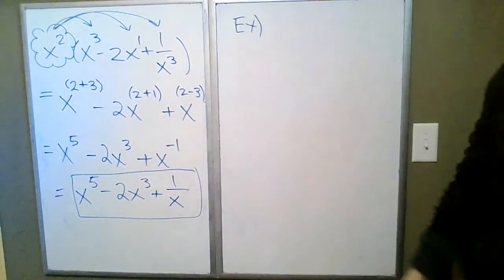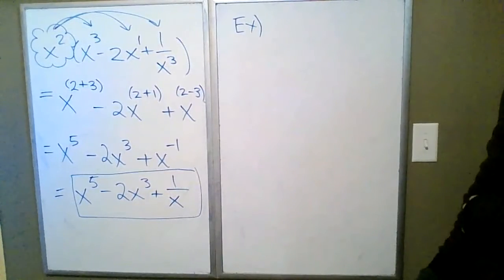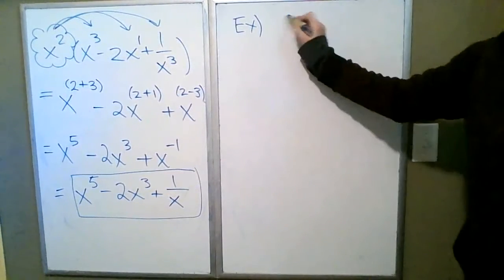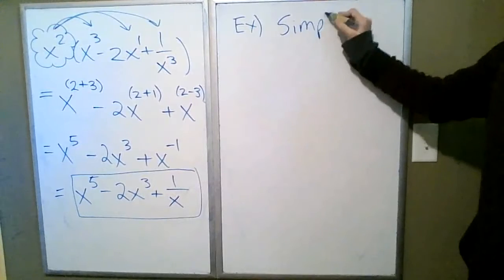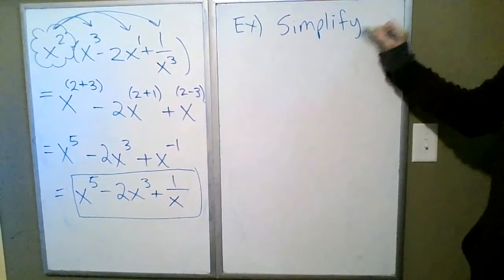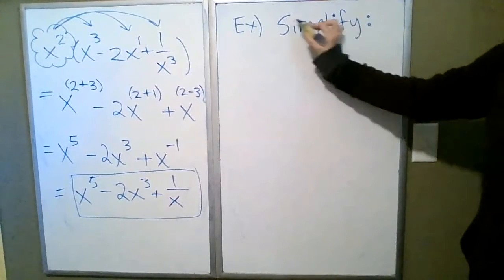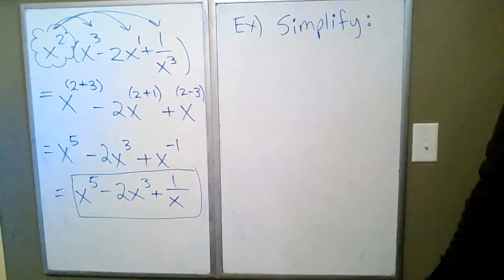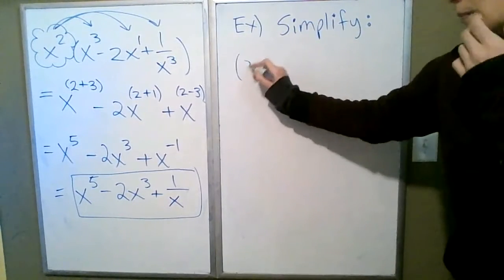We're going to simplify 3x plus 1 in parentheses.